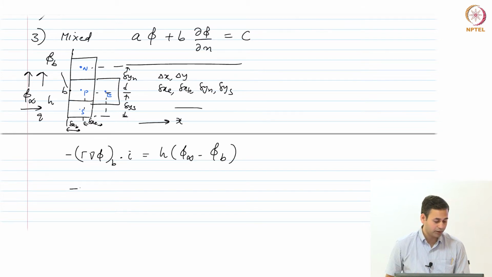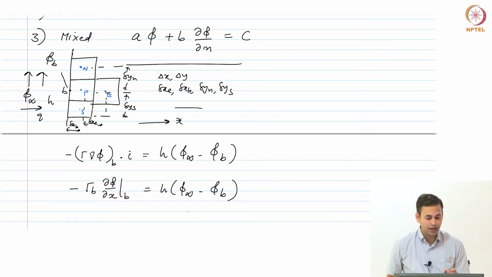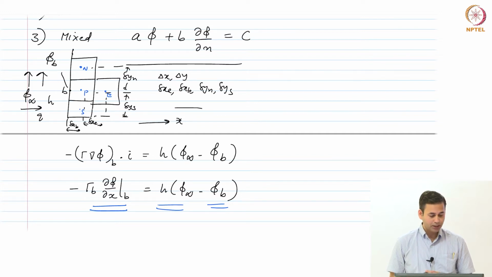If we rewrite this, it will be gamma b partial phi partial x at b equals h times phi infinity minus phi b. So we essentially have a combination of Dirichlet and Neumann adding up to some constant, that is, a phi plus b partial phi partial n equal to a constant. That is this kind of boundary condition. Now of course we can discretize this.